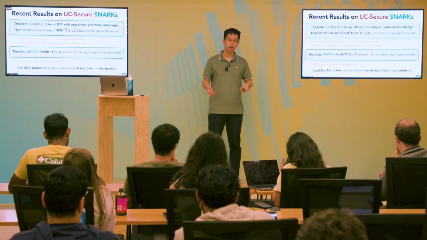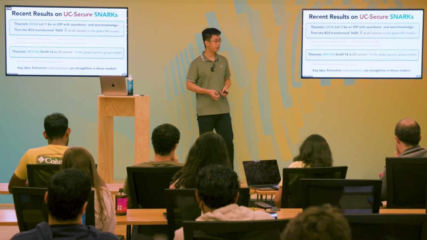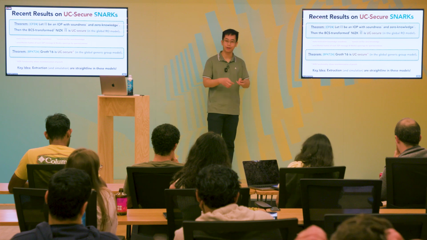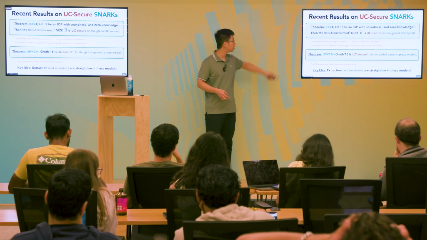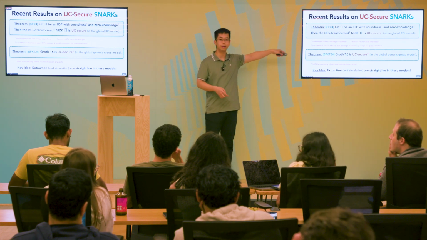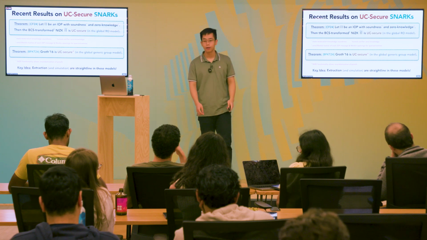But I guess it's just a lot of overhead in all the definitions, and nobody has done that yet. These two results are very recent, in the last month. But we don't know any non-trivial, interesting attacks on the UC security of SNARKs people are using today.